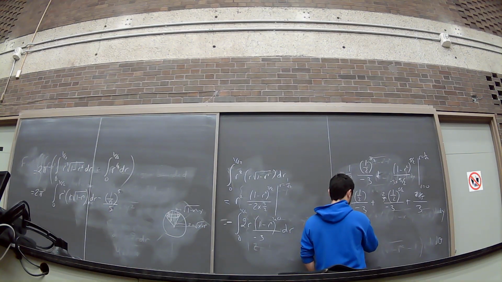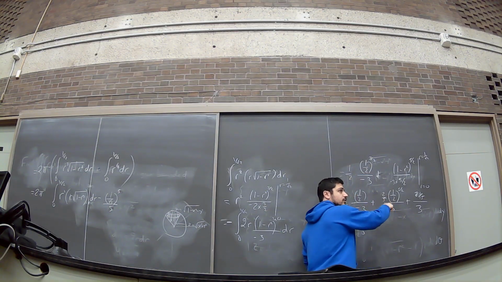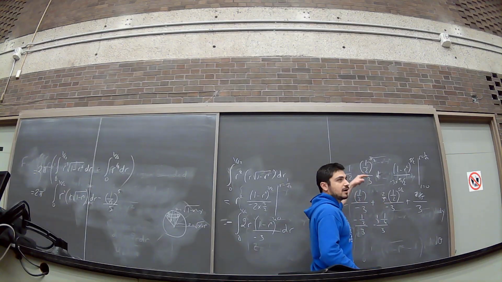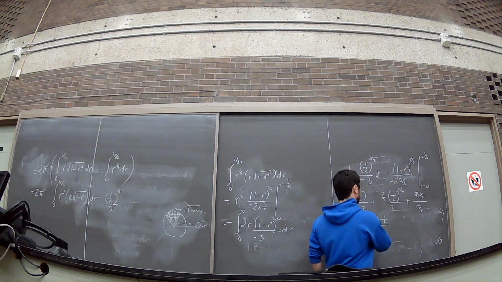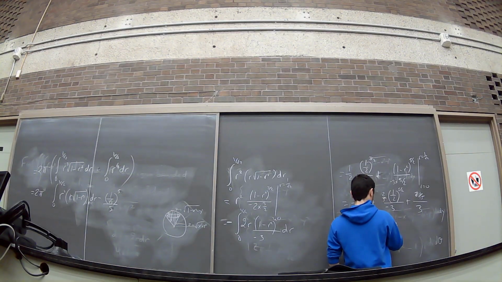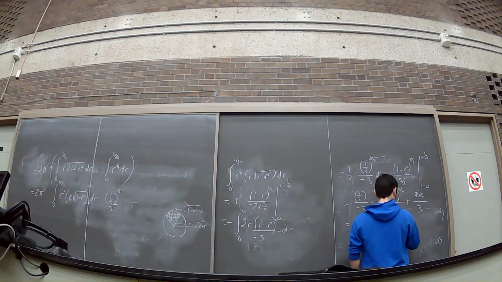So you get 1 half over 3 minus, so you get minus 1 over 4, right? Over 3, right? 2 to the 5 halves multiplied by 2, so you get 2 to the 3 halves. Plus.